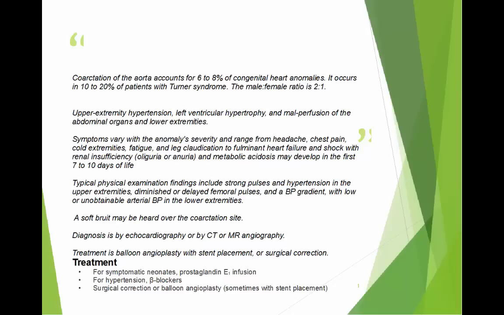You diagnose this by echocardiogram, CT or MRI angiography, and the treatment again is for symptomatic neonates: they require cardiopulmonary stabilization and infusion of prostaglandin. In addition, you should give diuretics for volume overload.